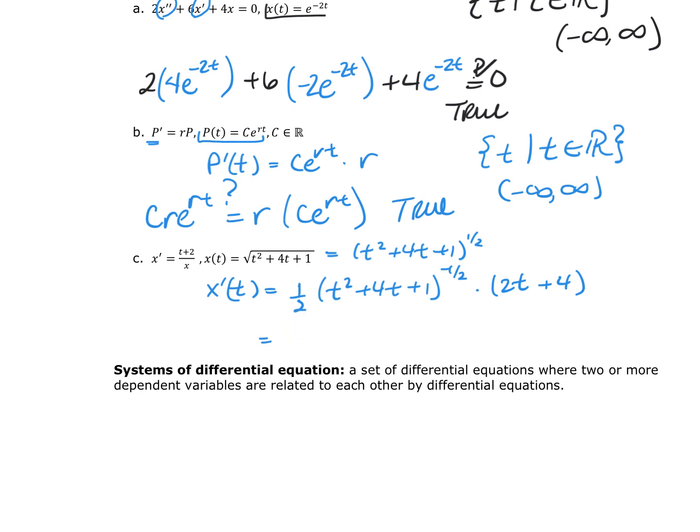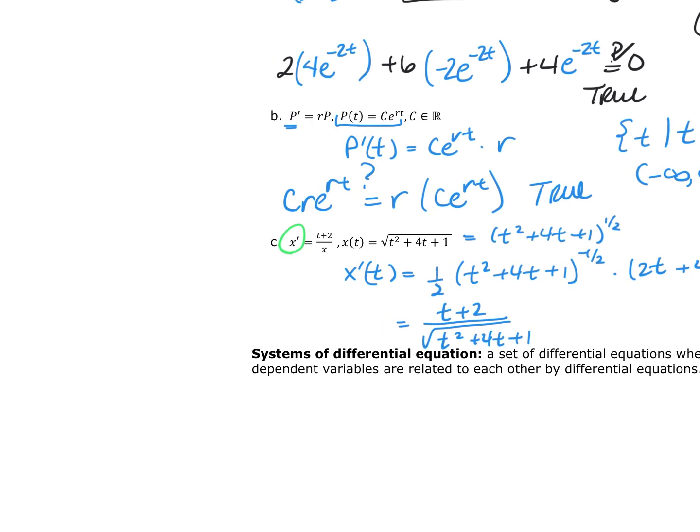Now, I can factor 2 out of this 2t plus 4, and it will cancel with this 2, which is in the denominator. When I do that, I'm going to have in the numerator t plus 2 over the square root of t squared plus 4t plus 1. All right. Now, that's this side.